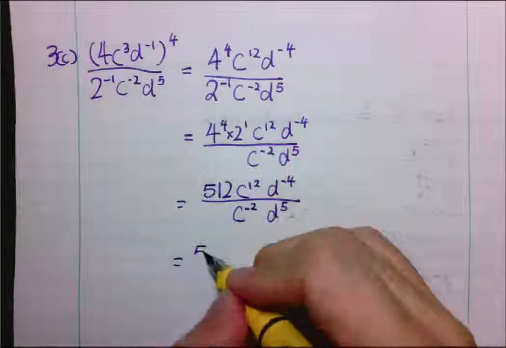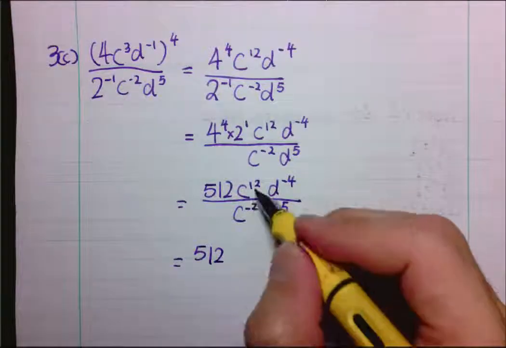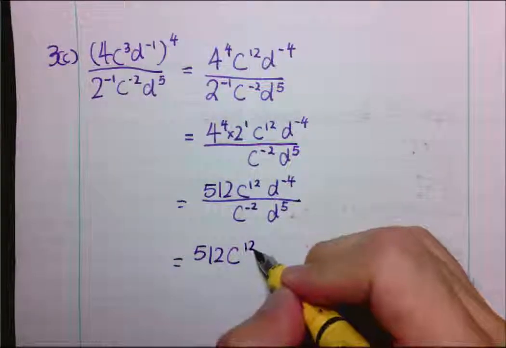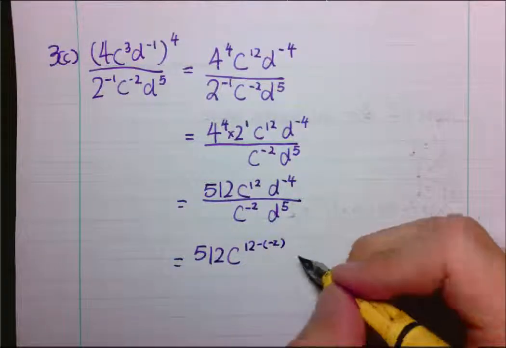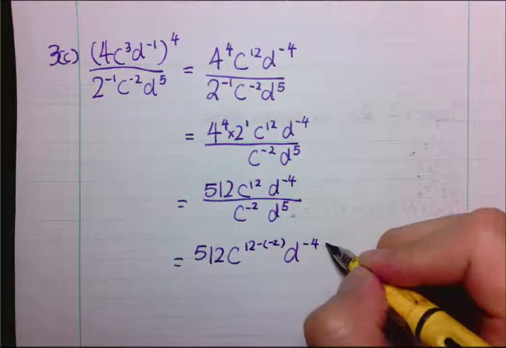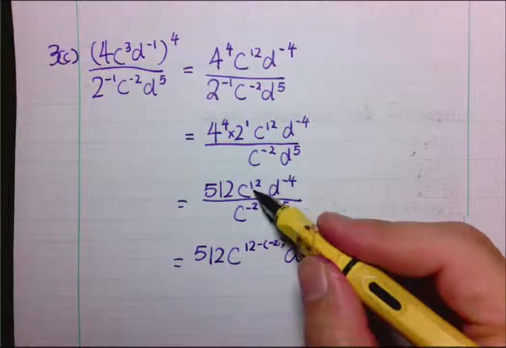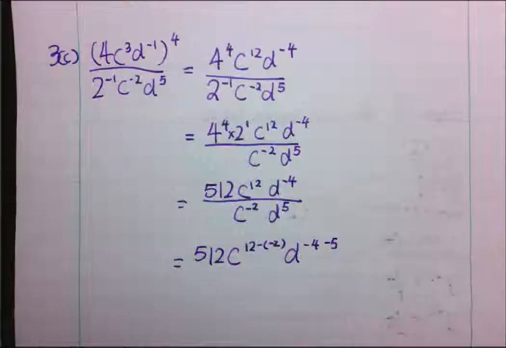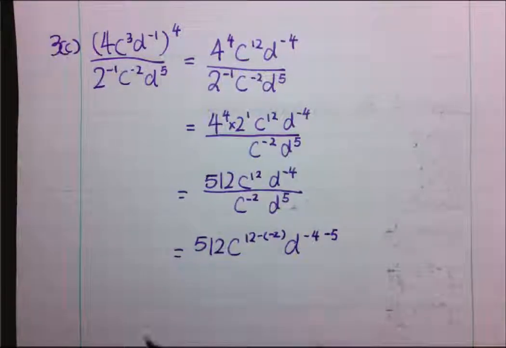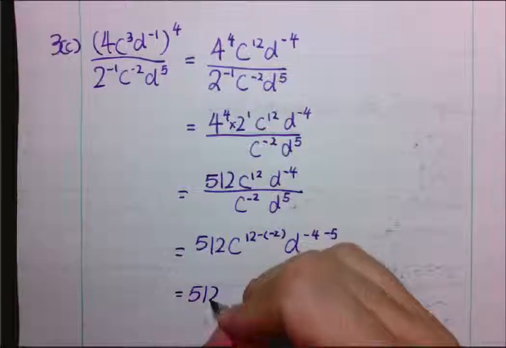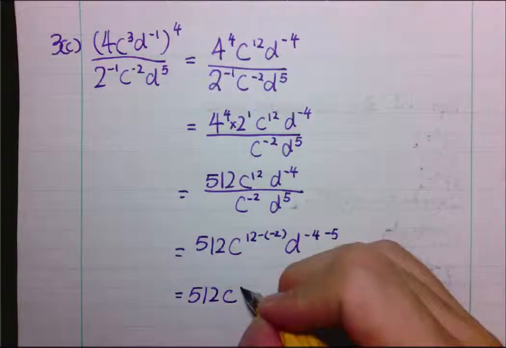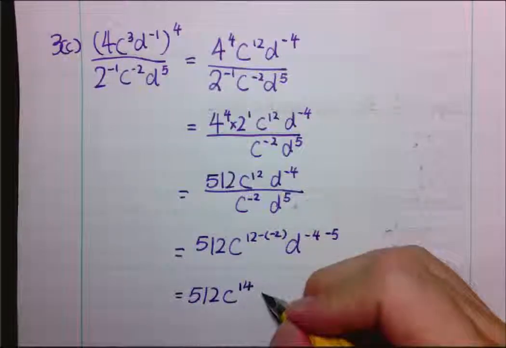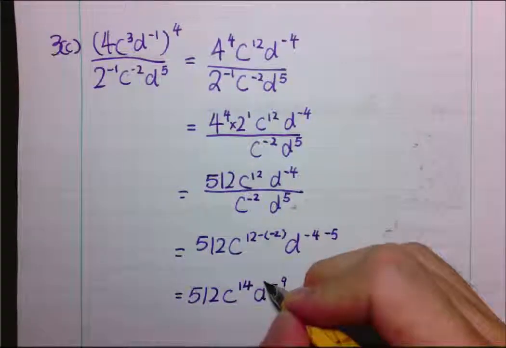Then what I do next is, we remember from 1.1, this is c to the power of 12 minus negative 2, and d to the power of negative 4 minus 5. a to the power of m divided by a to the power of n is a to the power of m minus n, like this. So what we have here is 512, c to the power of 12 minus negative 2 is 14, d to the power of negative 9.